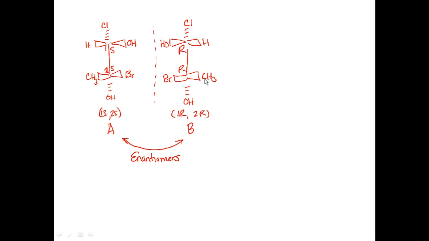When I write the mirror image isomer, I have inverted, and that's the term we use, each of the chiral centers, so that now what was R became S and vice versa. So A and B are enantiomers. Let me write another structure.